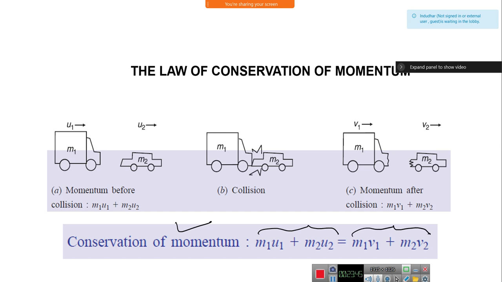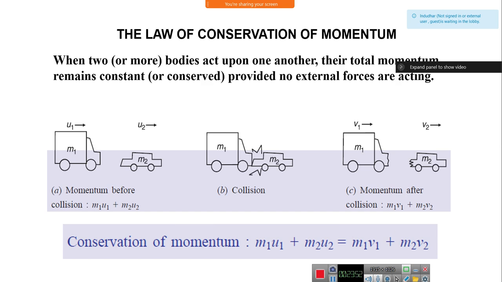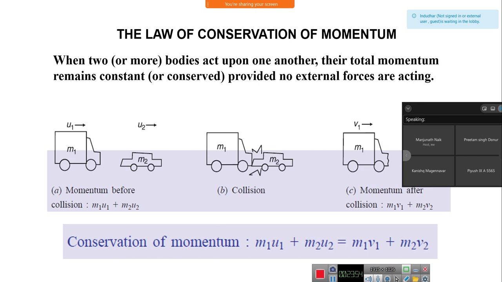Okay, so suppose you are asked to give a statement of the law of conservation of momentum, this is the statement. However, I will be giving you the notes in detail. When two or more bodies, understood, it can be more than two also, act upon each other, meaning they interact and collide with each other, their total momentum remains constant.